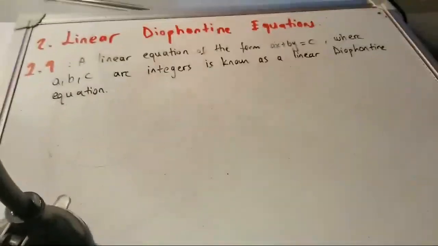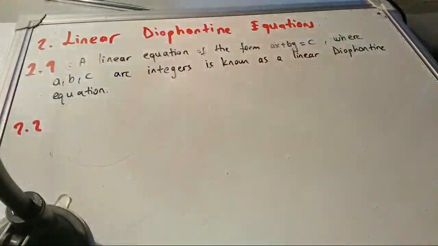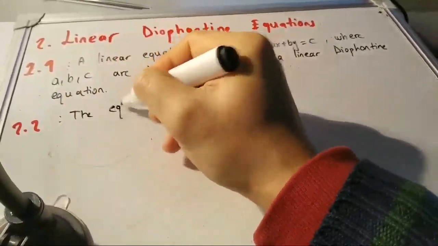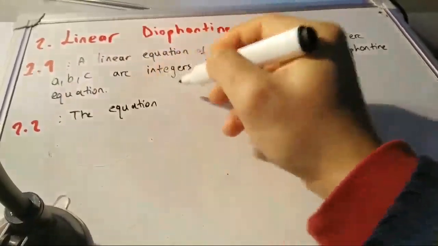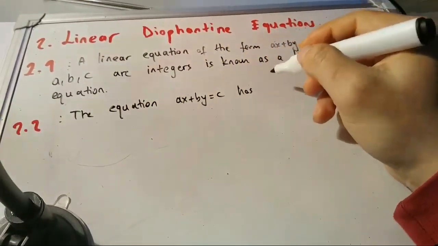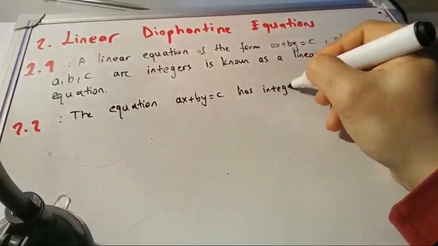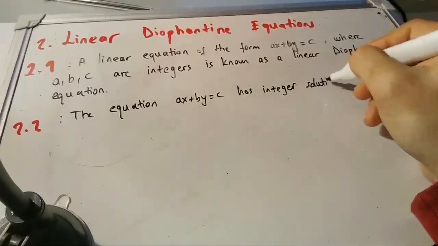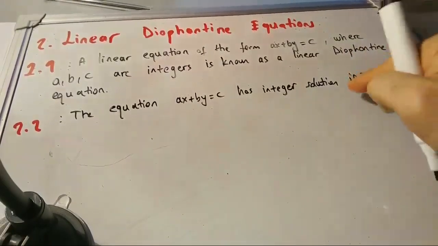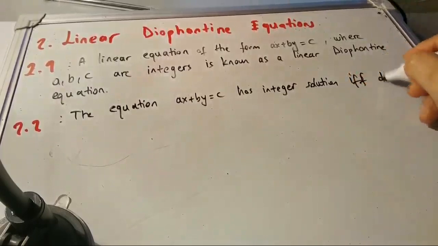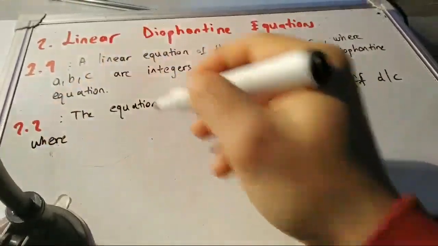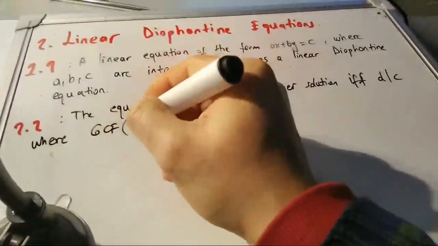Let me give you another theorem also, 2.2. The equation ax plus by is equal to c has an integer solution if and only if d divides c, where d is the greatest common factor of a and b.